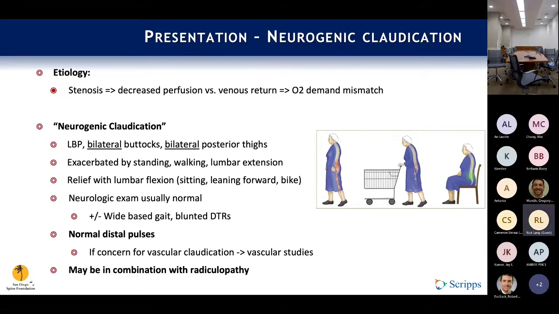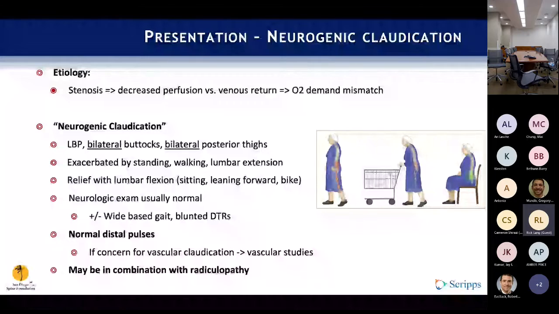Generally, it will present as low back pain radiating to the bilateral buttocks and bilateral posterior thighs. It is not normally found to be unilateral. So the key here is bilateral symptoms, buttocks, posterior thighs, exacerbated by standing, walking, or lumbar extension, and relief when they sit down, put the lumbar spine into flexion, ride an exercise bike, etc.